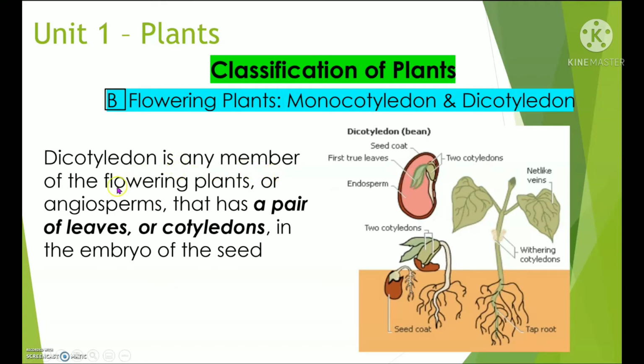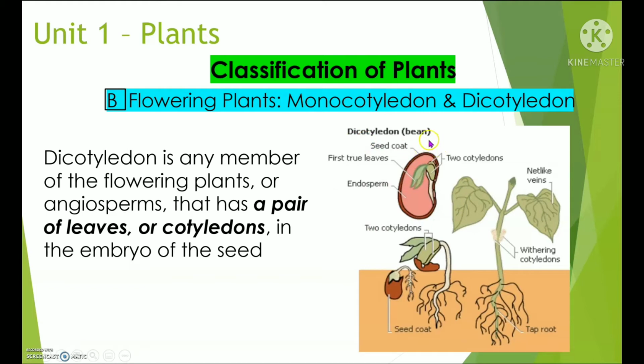Is any member of the flowering plants or angiosperms that has a pair of leaves or cotyledons in the embryo of the seed. Very good. So this is an example of a dicotyledon.